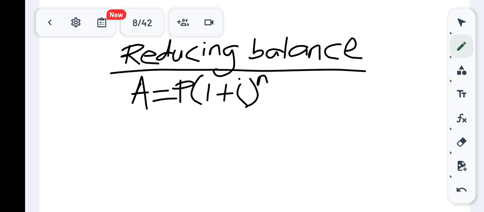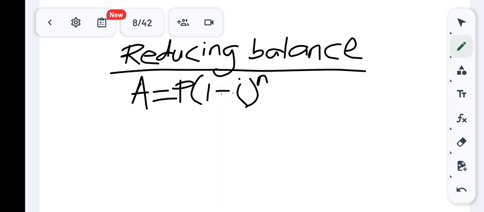So when you calculate depreciation according to the reducing balance method, think about the compound interest formula, but with a minus instead of plus because we are decreasing.